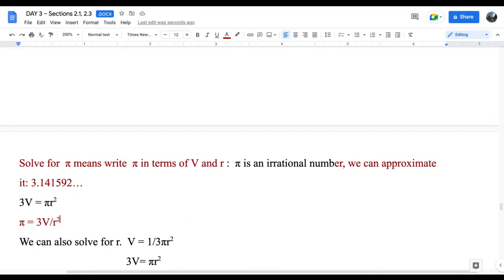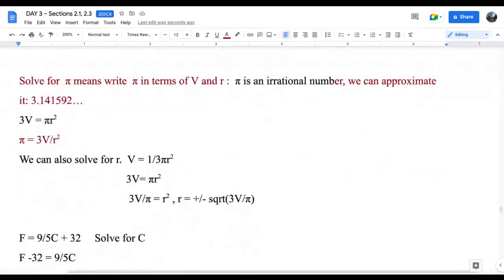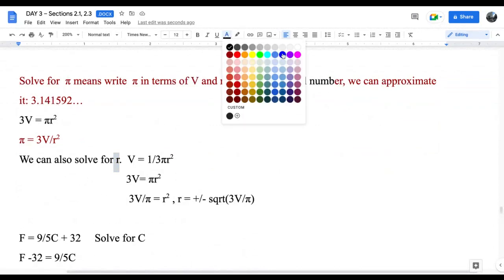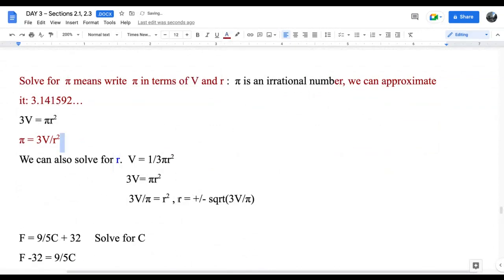So you see, solve in this case means write the variable or the number in terms of the other variables. Let's see this case. We want to solve for r. That means in the end, we want to write r equals something that involves v and pi.